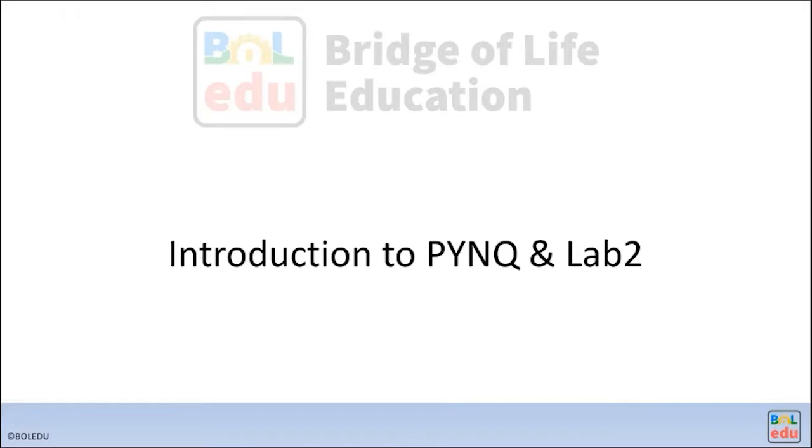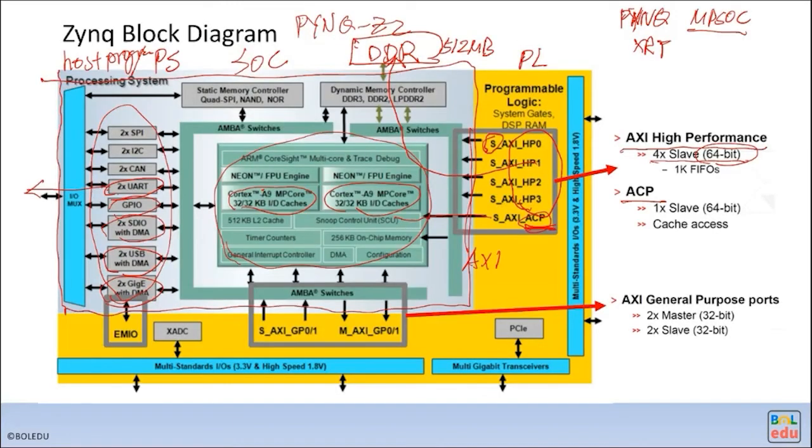Okay, so here, if you pay attention to the notation S, that means slave. The master is the one that initiates the transaction. It starts from the PL side, and the PS side acts as a slave, or you can think of it as a memory slave, responding to the master access. So those ports are only slave ports.